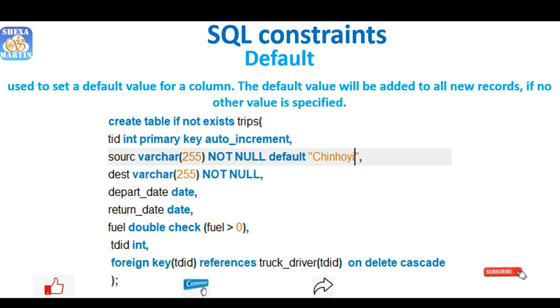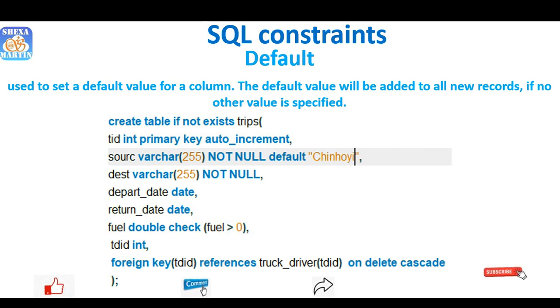For instance, take the source. We know that maybe the trucks exist in a company based in Chinoy, and the trucks will start a trip from Chinoy. So the default source is Chinoy. We may not specify the value. If you set the option to allow null values, null will be inserted into the column. And if you do not set the option to allow null values, the column will remain blank, but the user will not be able to save the row until they supply a value for that column.